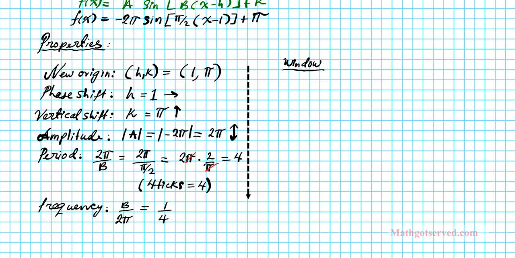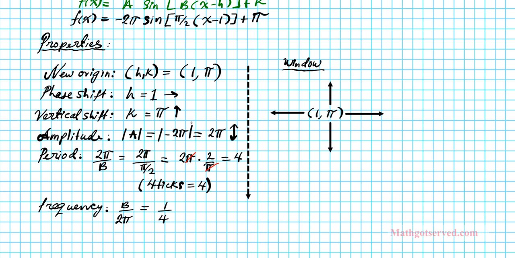So to start that off, we put the new origin, 1 comma pi, at the center. Now going up and down, we're going to go with the magnitude of the amplitude, and then side to side, add and subtract the period so that we have two periods relative to the new origin.